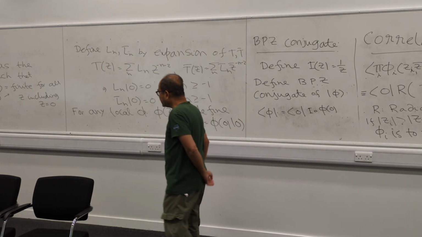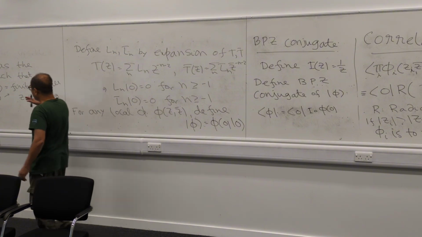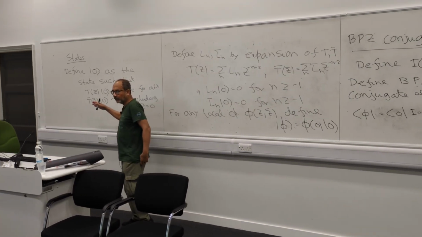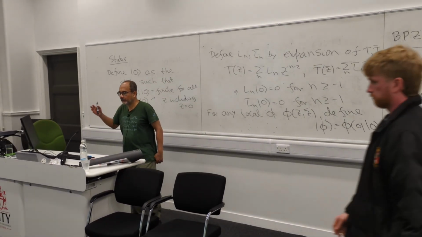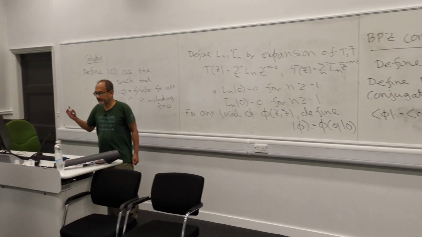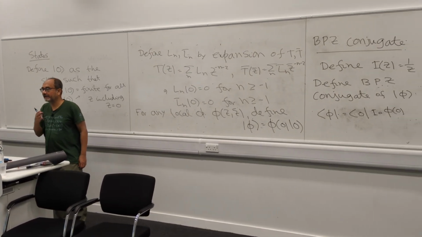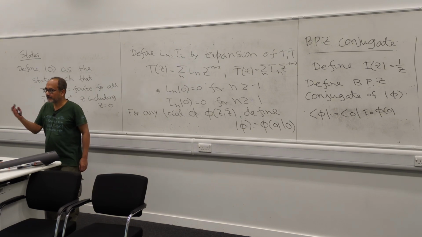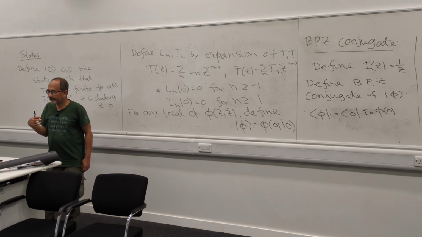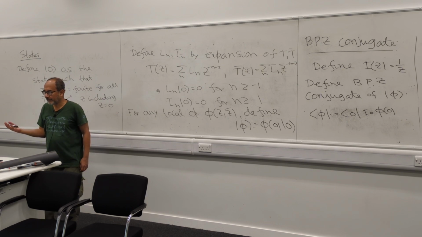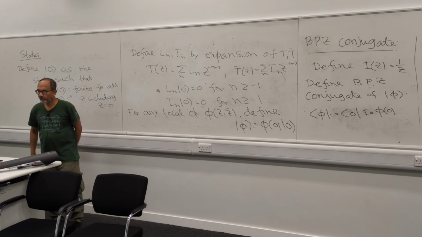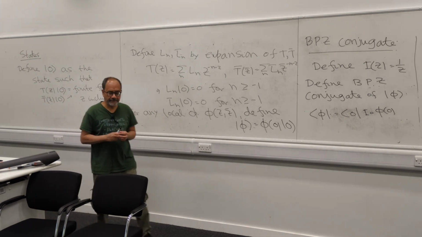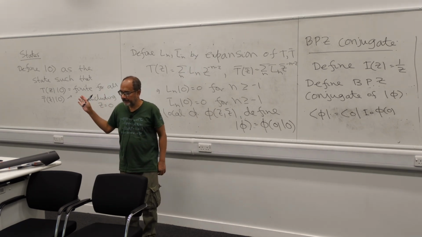Well, suppose there is another 0 prime which has the same property. What you can show is that if you take the difference between 0 and 0 prime, that has zero matrix elements with everything, all states. Which basically means that the difference is a state that you can set equal to 0, because it has zero matrix element with everything else. That's one way to prove that the vacuum is unique. But it's specific to this class of theory that I'm describing here.